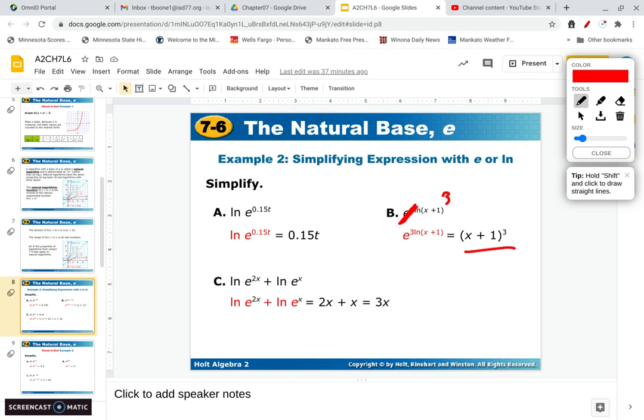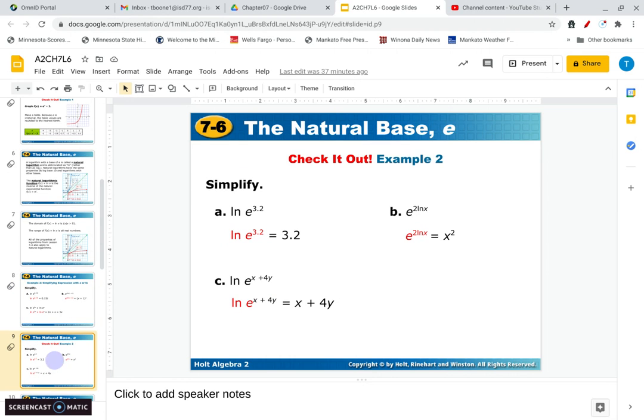Remember your other properties as well: if you have log base e of e to the 2x, this turns into 2x, and this just turns into x, and so you can add those together. Remember, ln really is log base e. Keep that in mind as we work with all these different properties that we've seen.